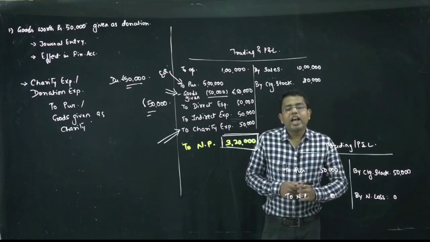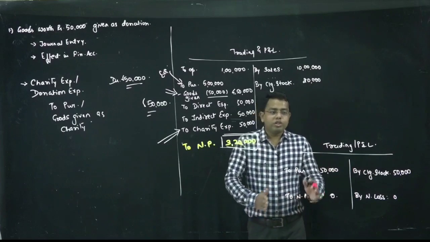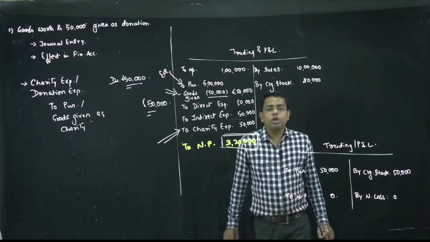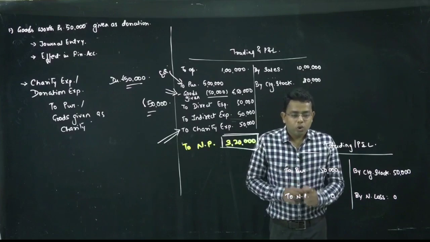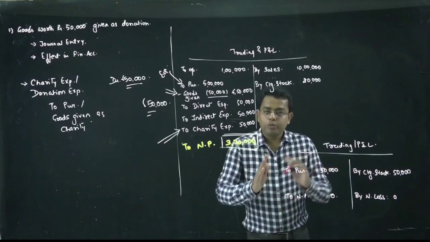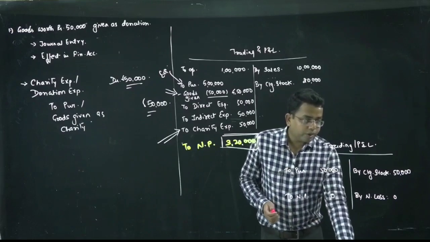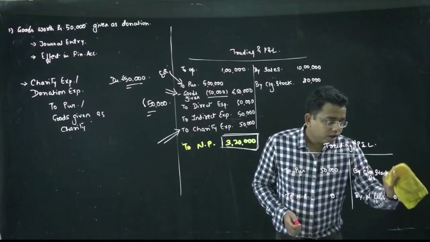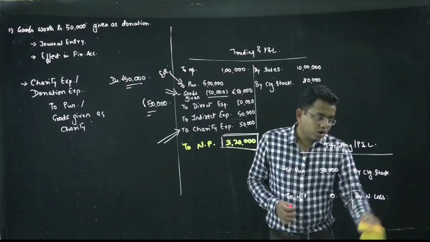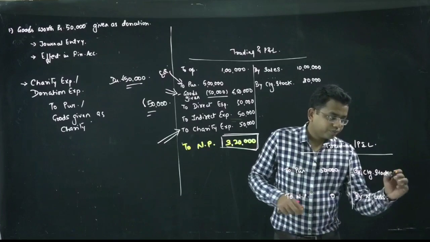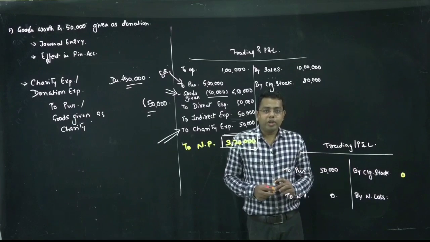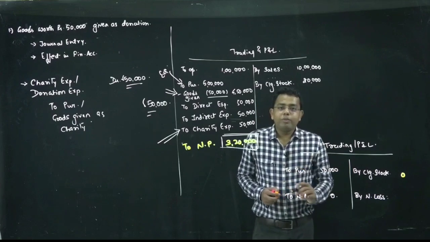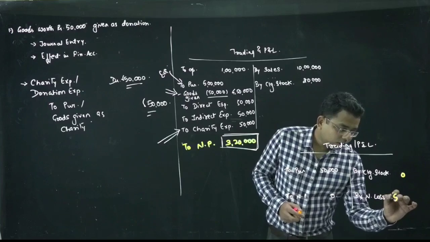Now understand, I am giving goods worth rupees 50,000 as charity. So purchase would be there as it is, but what would be my closing stock? My closing stock would be 0. And what will be my net loss?